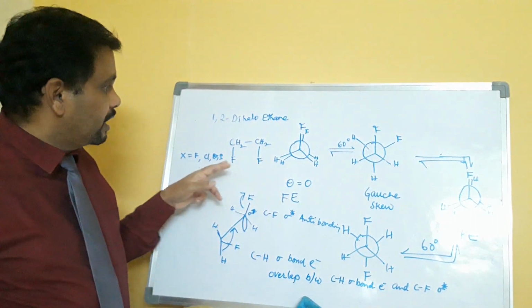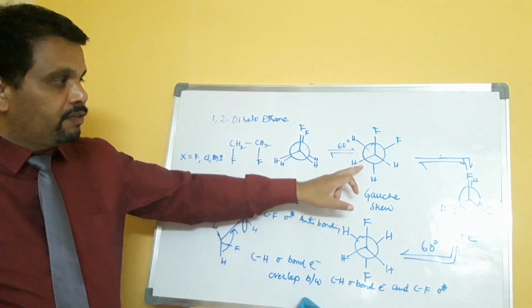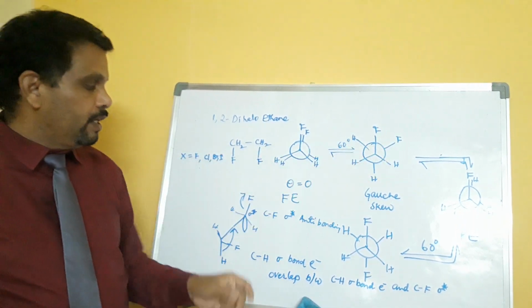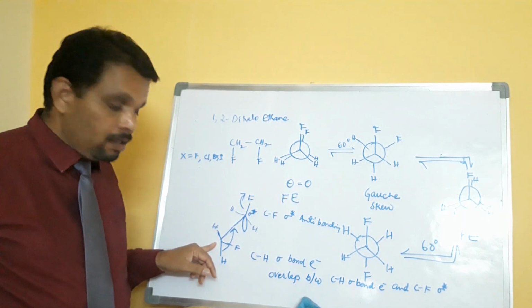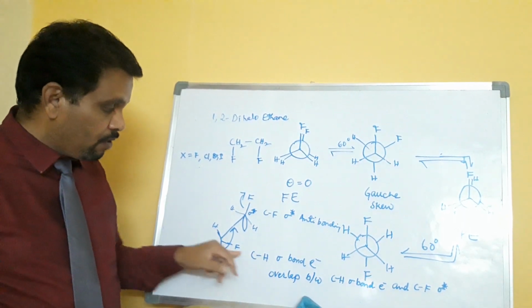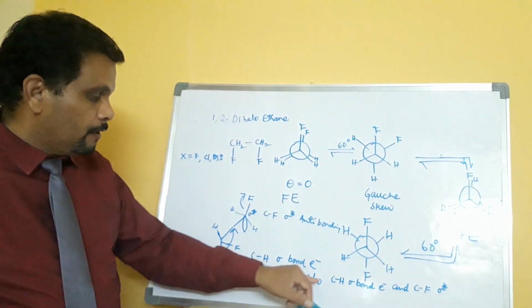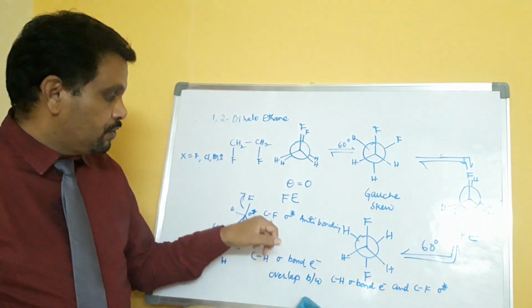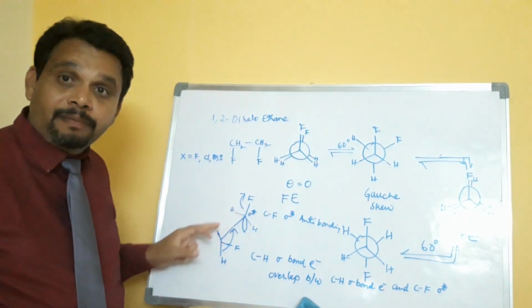But here in 1,2-dihaloethane, in the gauche skew conformer, when the two fluorines are in gauche position, the CH sigma bond orbitals and the CF sigma star antibonding orbitals overlap.